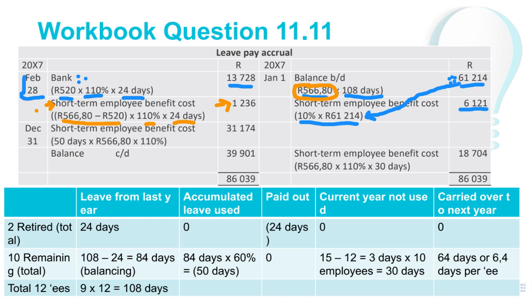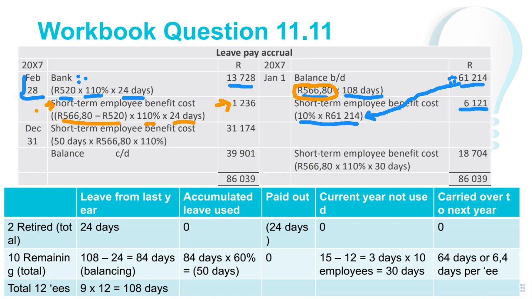Okay. Let's read point 7 again. During the year ended 31 December 2017, the remaining 10 employees used up 60% of the opening balance.